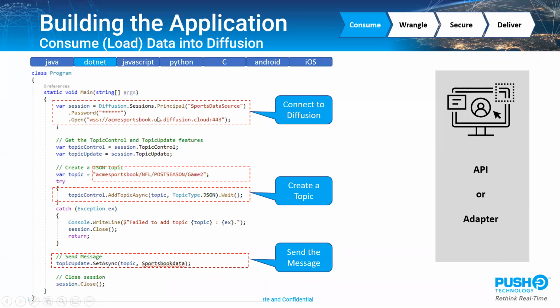And I want to talk a little bit about the power of this connection. Diffusion deploys into multiple different types of architectures and patterns. And so Diffusion can deploy on-premise. Diffusion can deploy in a Sportsbook cloud. Maybe they're in Azure, maybe they're in AWS.